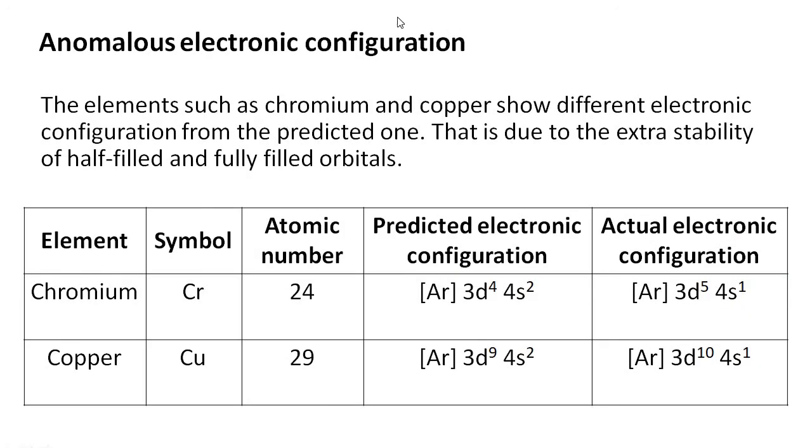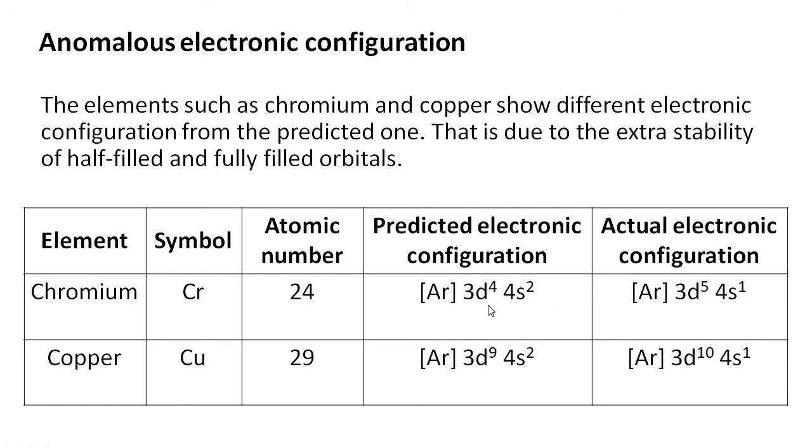Let us go for anomalous electronic configuration. Elements such as chromium and copper show a different electronic configuration from the predicted one. That is due to the extra stability of half-filled and fully filled orbitals. See, in case of chromium, symbol Cr, atomic number 24, the predicted electronic configuration is argon 3d4 4s2, but the actual electronic configuration is argon 3d5 4s1.